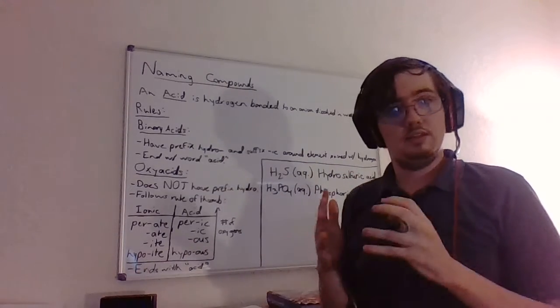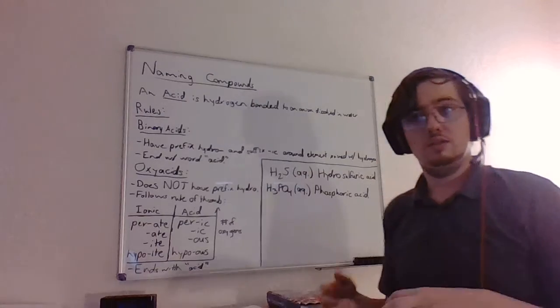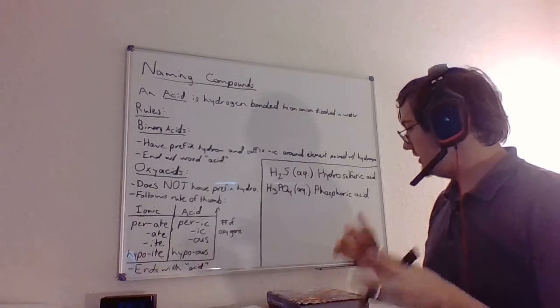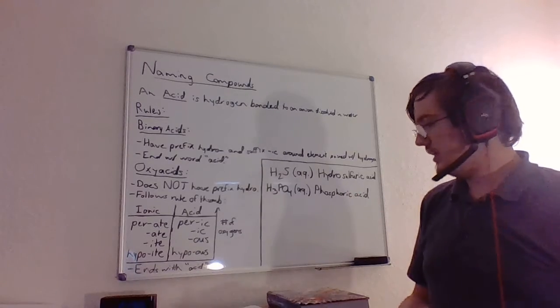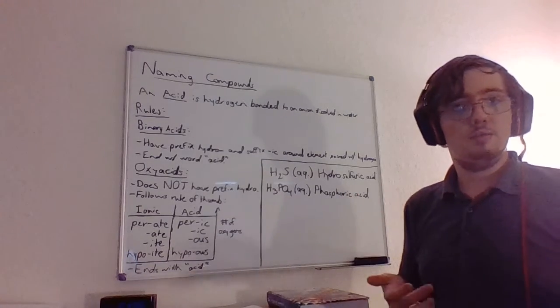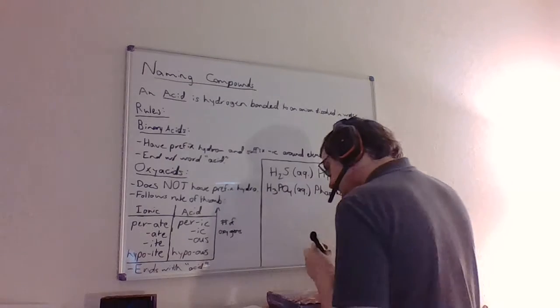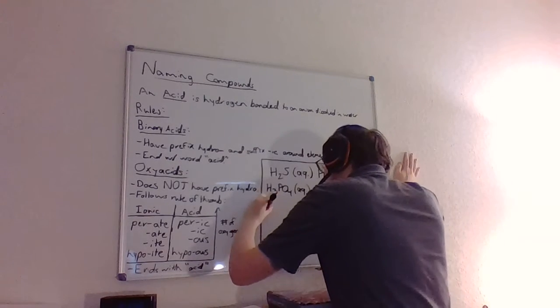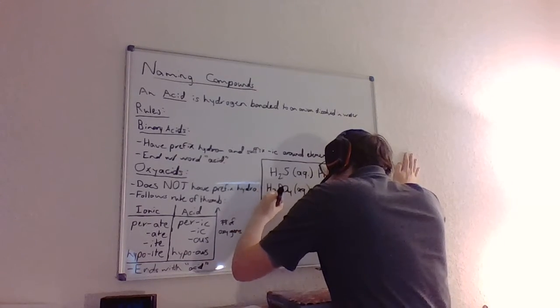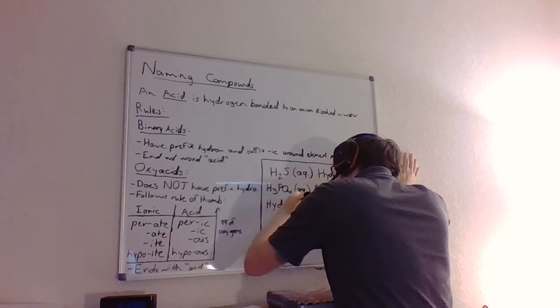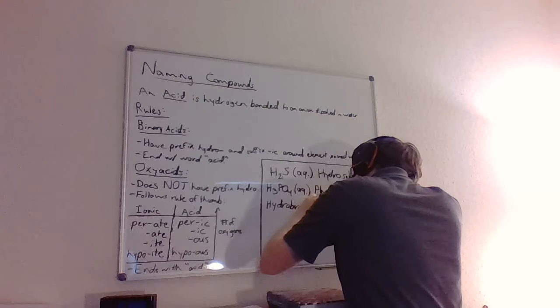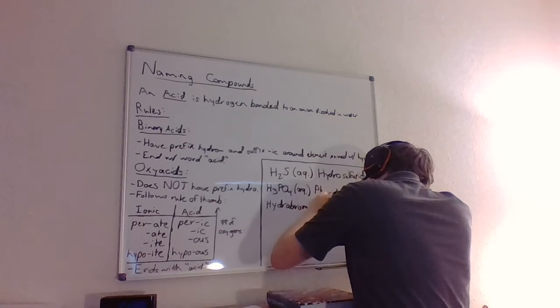Now, again, just like the previous one on the ions, let's go through the opposite direction. If you were given the name and you want to know what the compound is. Let's start with this one right here: hydrobromic acid.